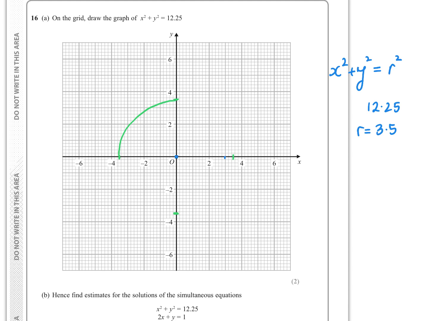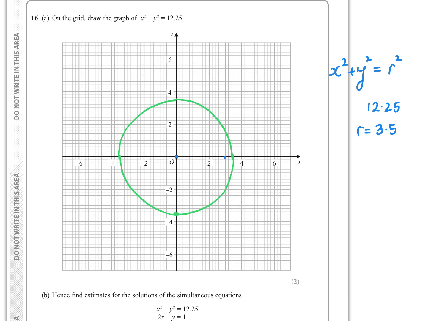So I'll do the quarter arcs here and try and join them up. Okay, I'm sure you can do better than that. So that's my circle.